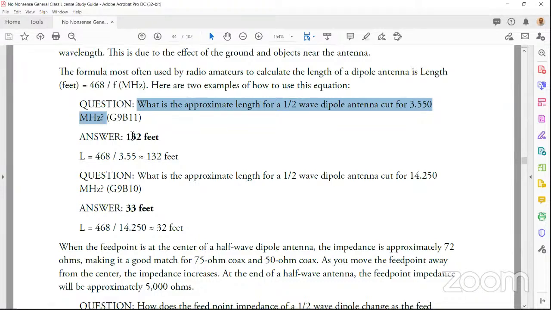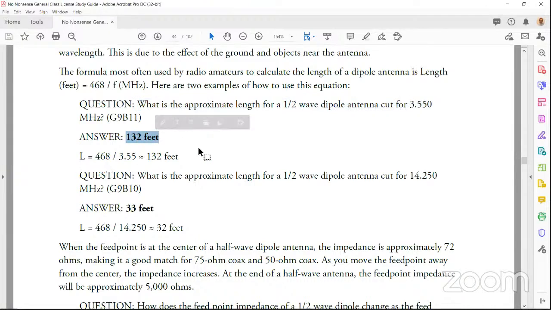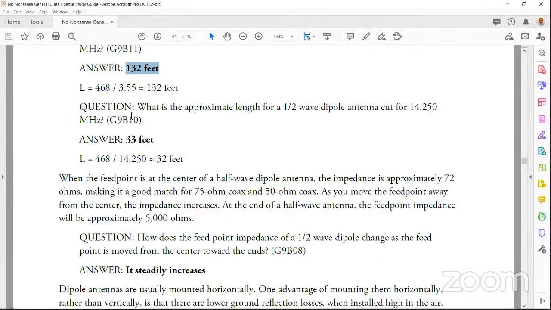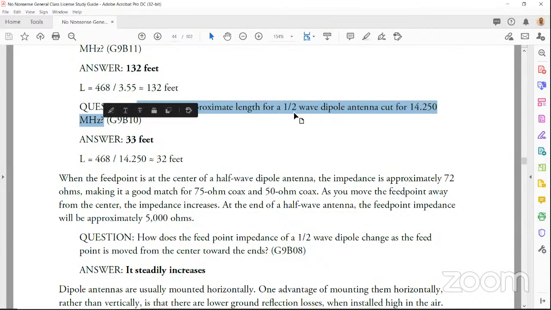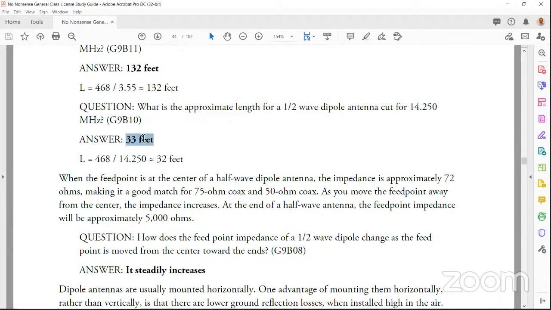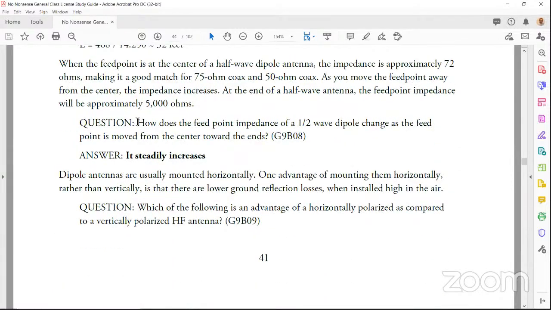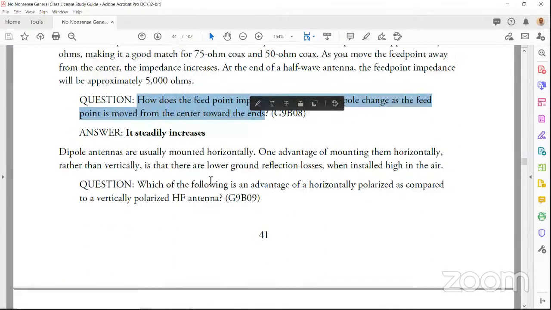We plug that into our trusty, magic formula, and we get 182 feet. So that was a worked example in the last class. Next example, again another worked one. What is the approximate length for a half-wave dipole antenna cut for 14.250 megahertz? Use our magic formula again, plug it in, and we end up with 33 feet. Again, another worked example in our last session.